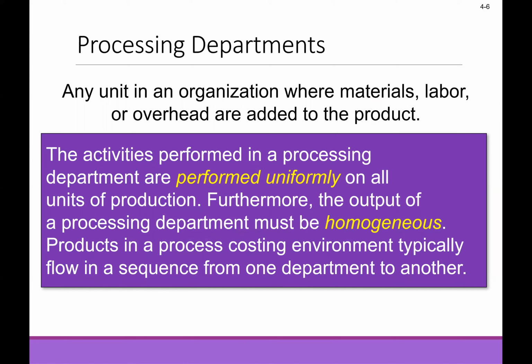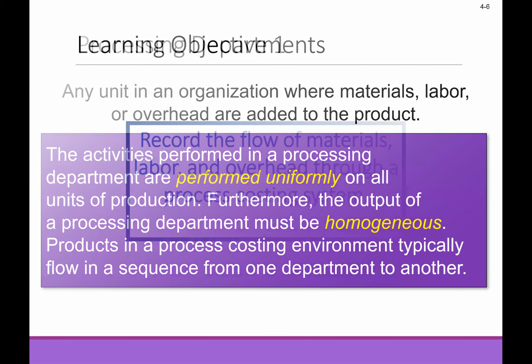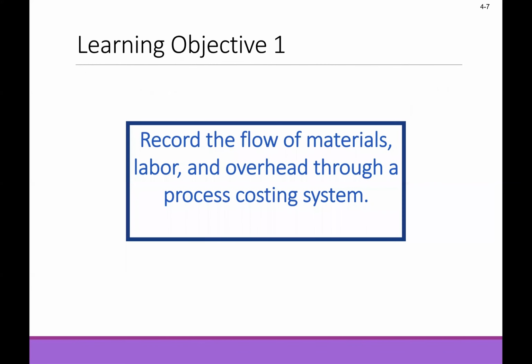It's the same. Products in a process costing environment flow from one department to another department to another department as they're refined or improved or whatever that process is. So again, this is process costing for this week.